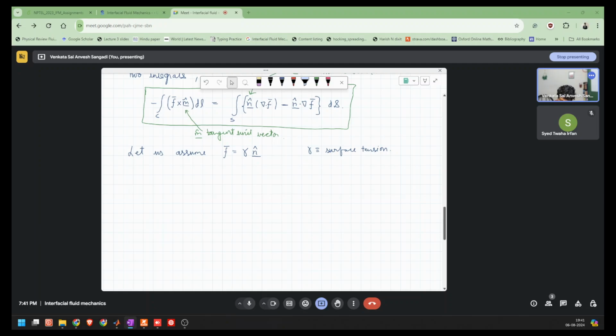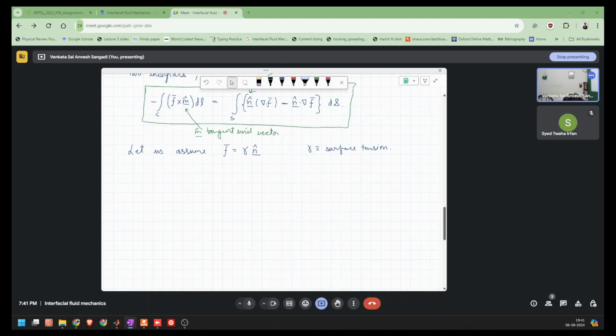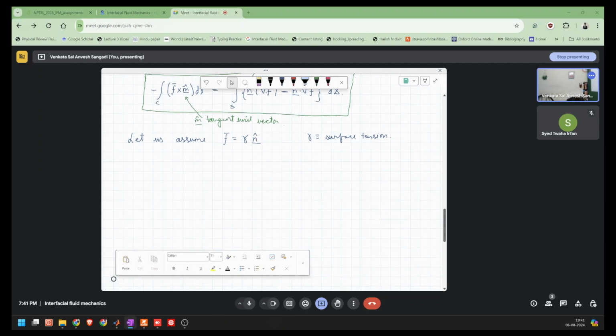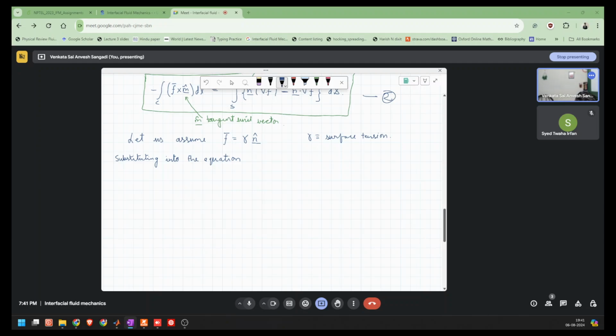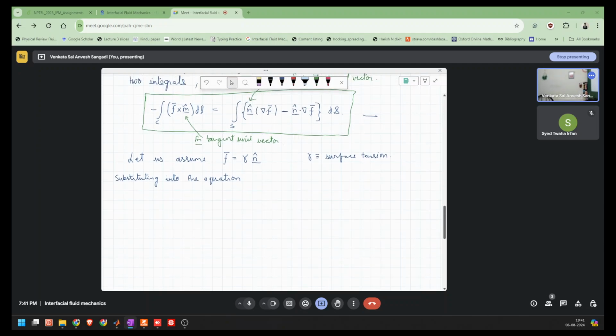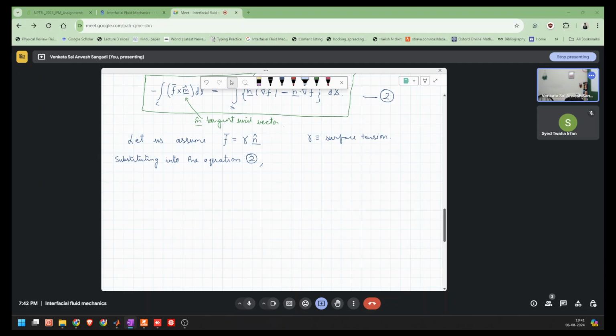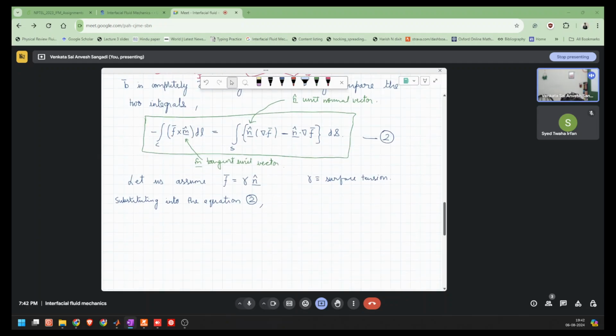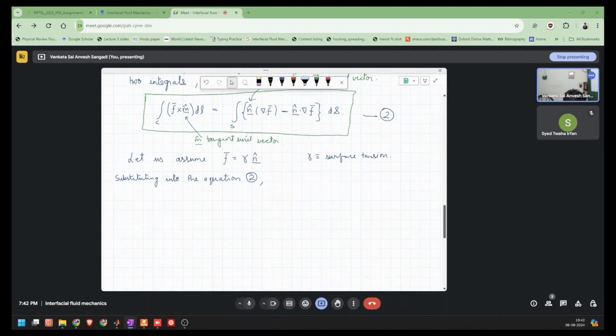Then substituting it into equation 2, there is no negative here.